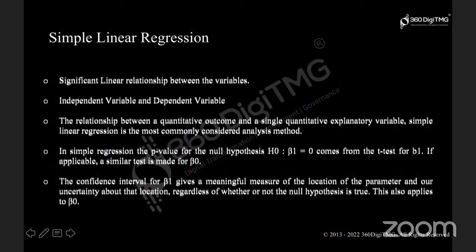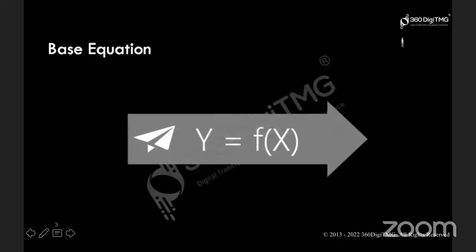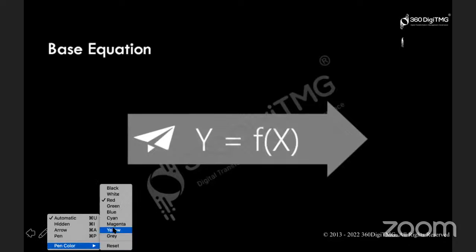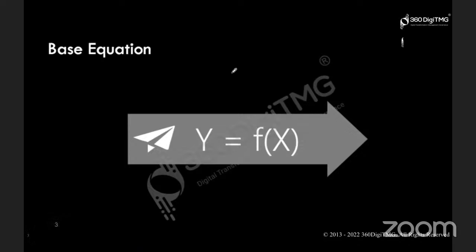When you talk about simple linear regression, it is the concept of a straight line. This is a basic equation, and I have to consider the relationship between these two: this is my y, this is my x.